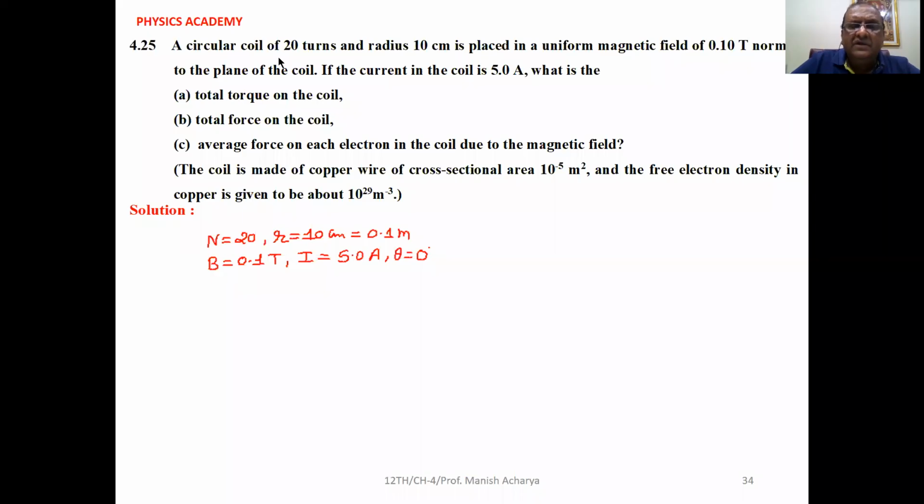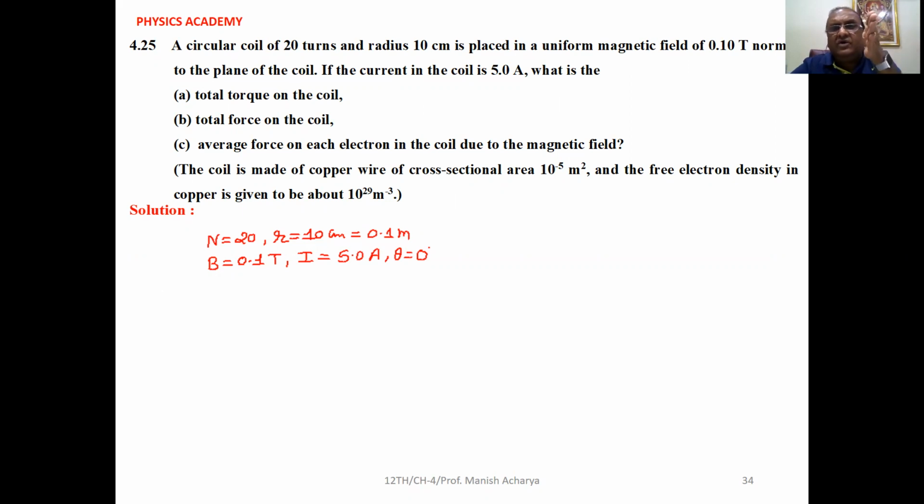Now see, total number of turns given to you in the coil is 20, radius of the coil is 10 centimeter, so that is 0.1 meter. B is 0.1 Tesla. Current through the coil is 5 ampere. Now see here. It is placed in the uniform magnetic field normal to the plane of the coil.